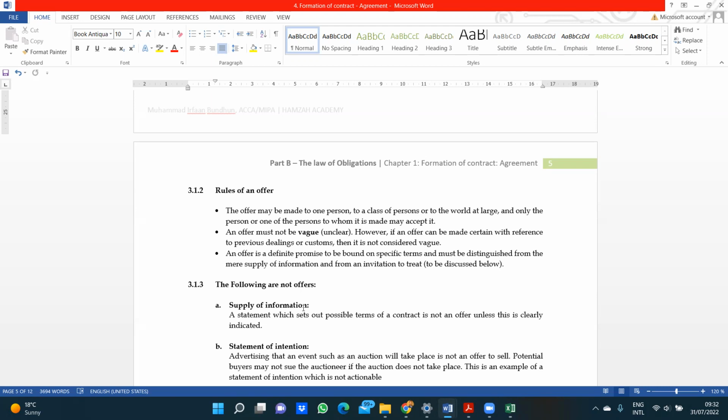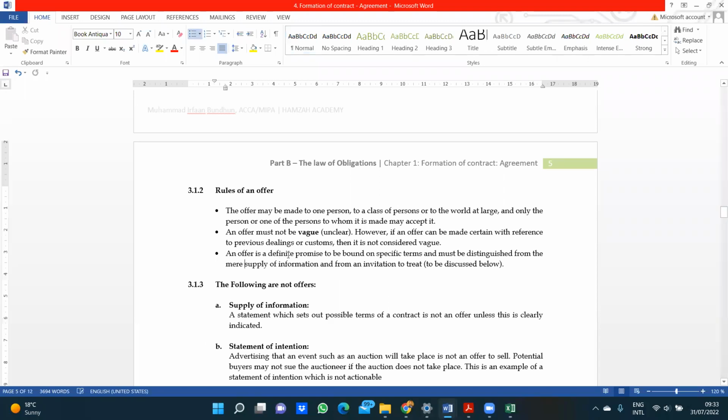If there have been previous dealings under the same types of offers, the offeree who wants to sue the offeror cannot say it is vague, because there has been a similar transaction in the past.